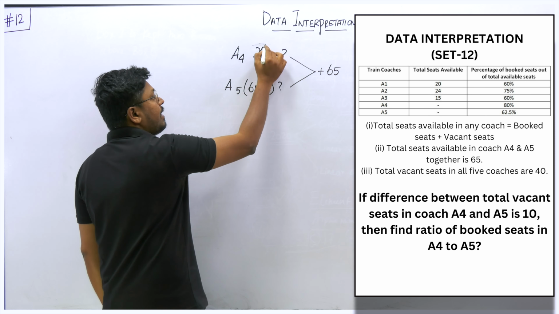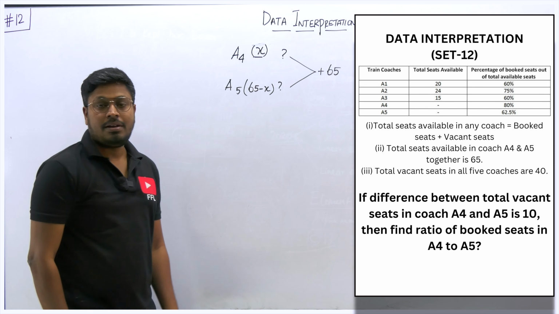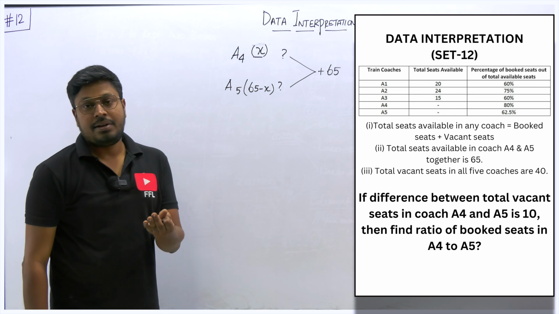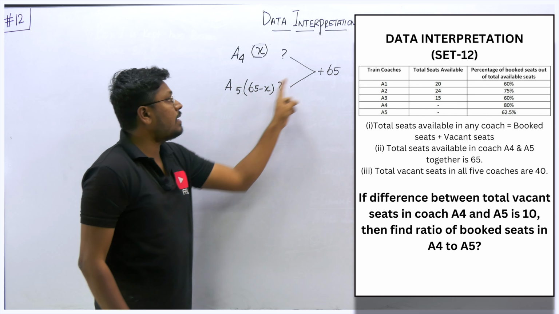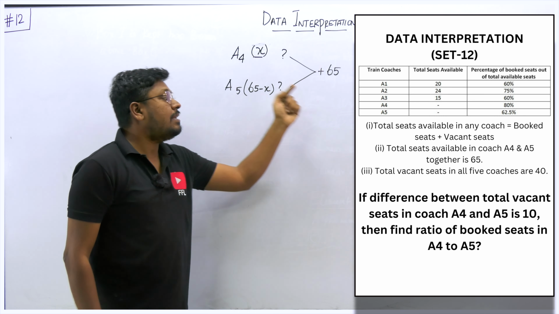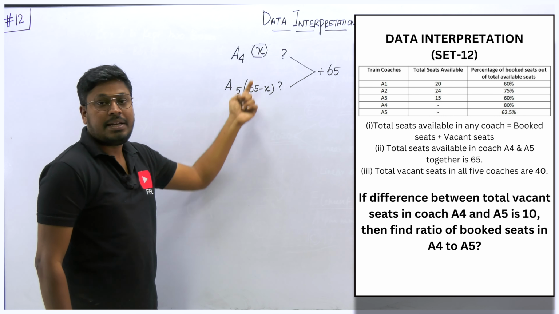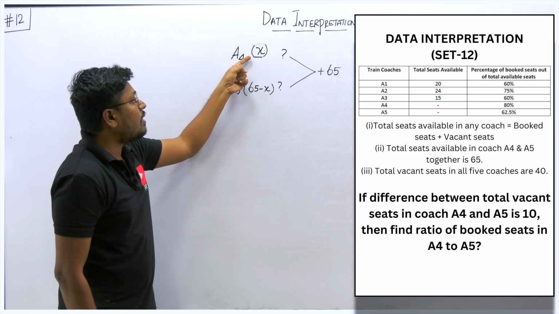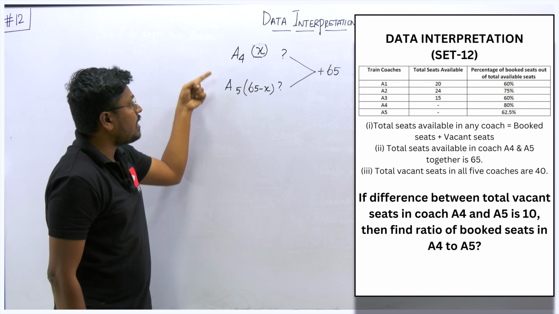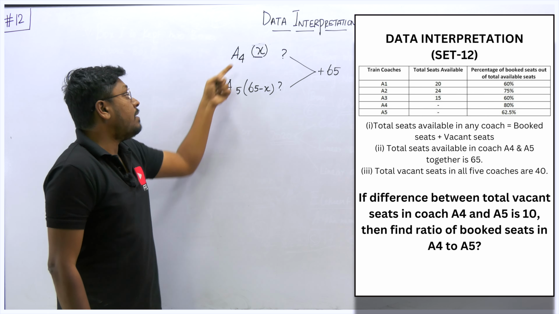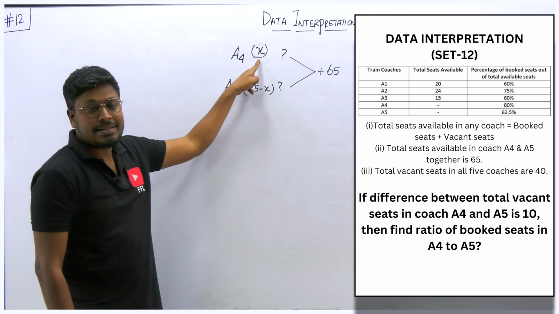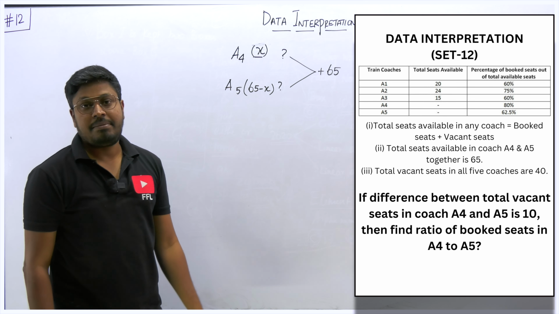We have learnt this in many aptitude topics, even problems on ages, ratios and proportions, profit and loss. If the total is 65 and one value is x, then the remaining value will be 65 minus x. Similarly, we don't know the total available seat of coach A4 and A5, but we know the total is 65. So we can take one coach total as x, and the remaining will be 65 minus x.